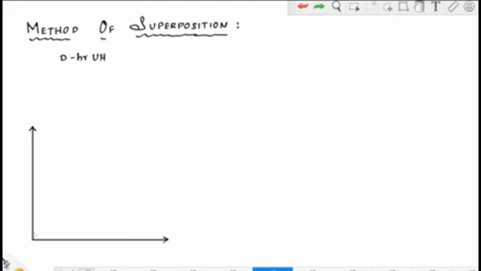Assume that this is the D-hour unit hydrograph given for you with a time base of TB.